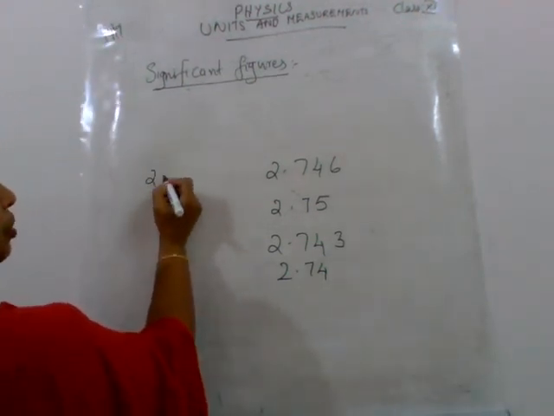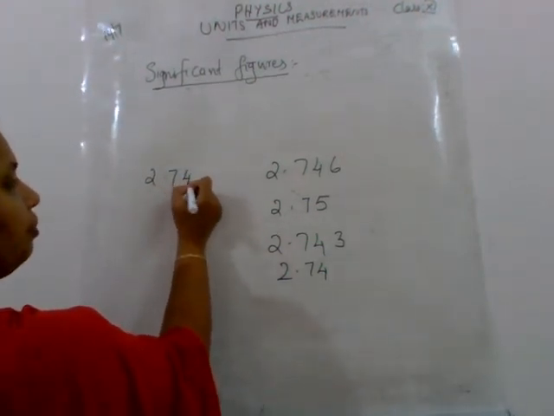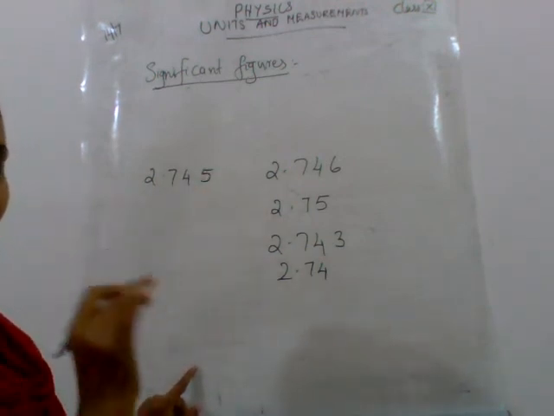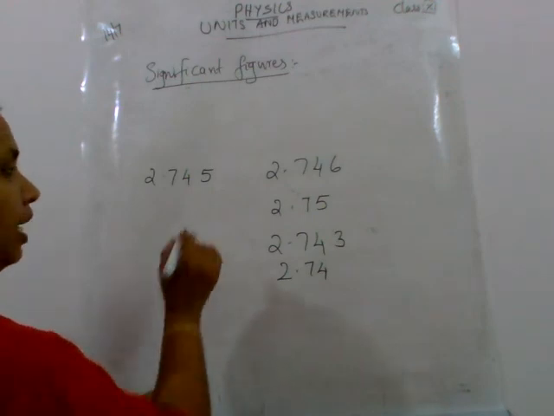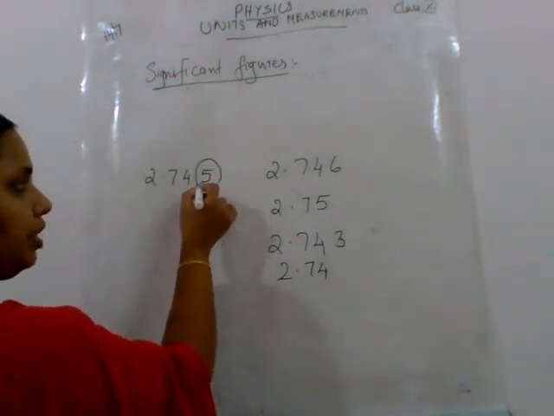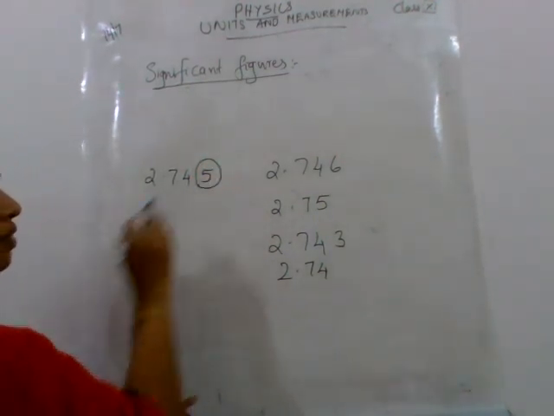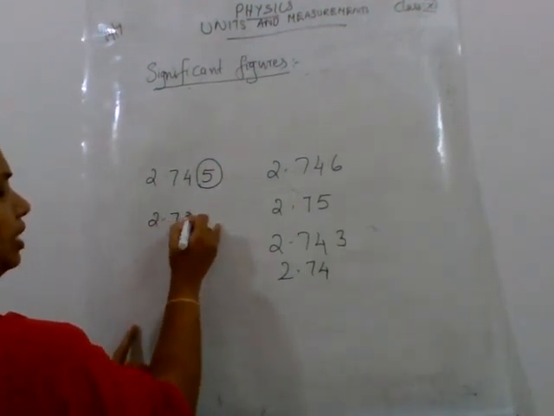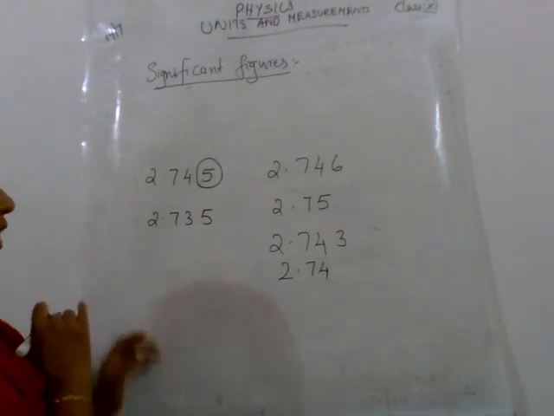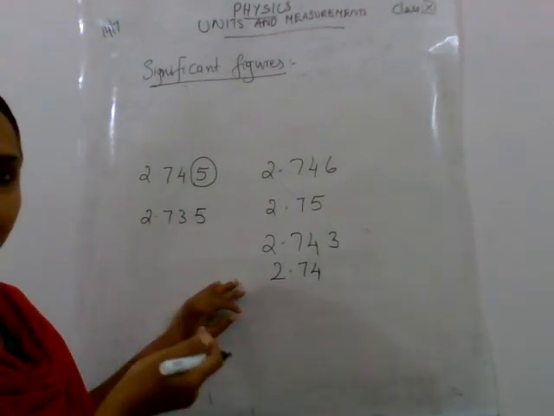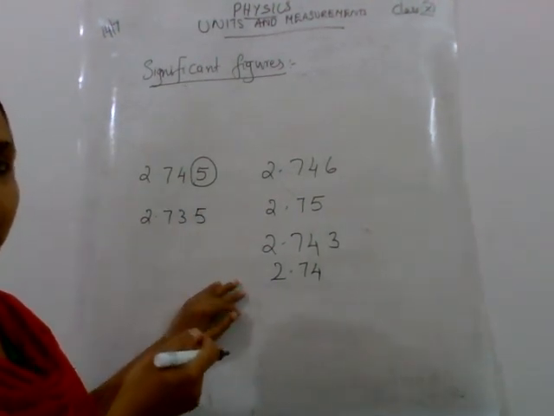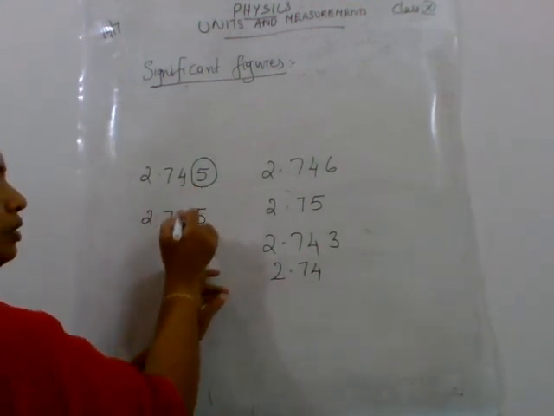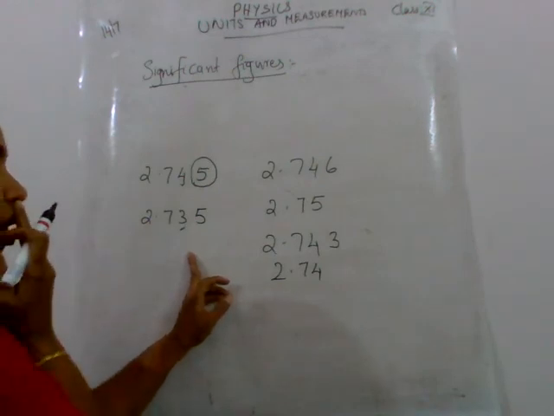If it is equal to 5, for example 2.745, here we have to round it to 2 significant figures. 5 we have to drop, isn't it? And I'll write one more example, 2.35. In both cases, the figure which we want to drop, the insignificant figure, is 5. And you see the preceding number: here it is 4 and here it is 3.